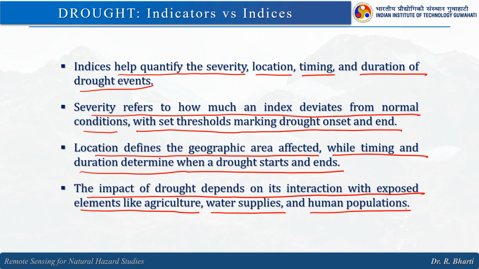I hope you have understood the basic concept behind this drought assessment, and you might have an idea how difficult it is to assess the drought situation for a large areal extent. In such a situation, remote sensing proves to be an important tool providing information about the large areal extent.